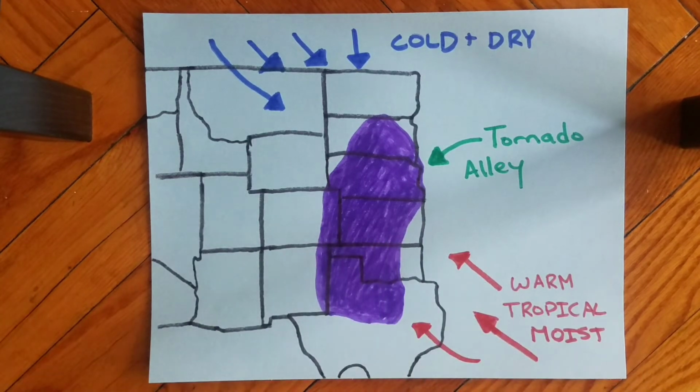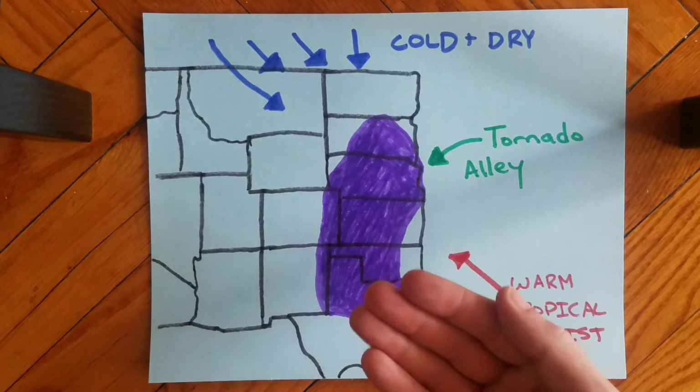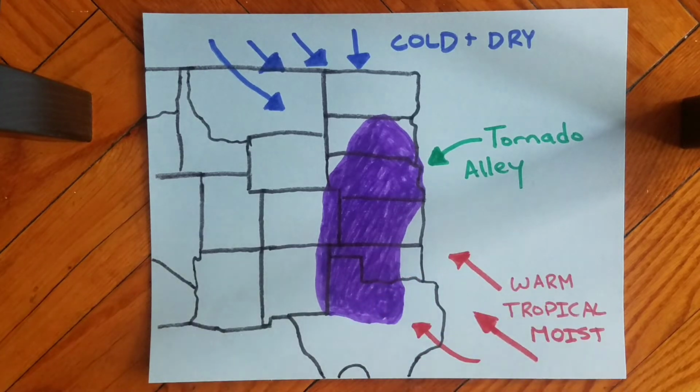That's because this region known as Tornado Alley has the perfect conditions for a tornado to form, because it's got real warm, moist air coming from the Caribbean, and it's got really cold continental air coming from Canada. So right here, this is where you're going to see the bulk of the devastation that comes from tornadoes.